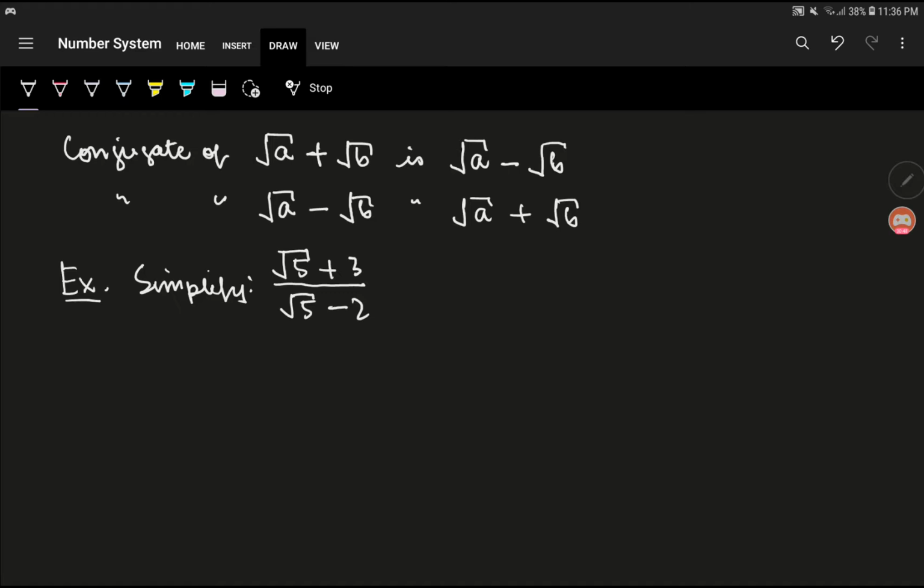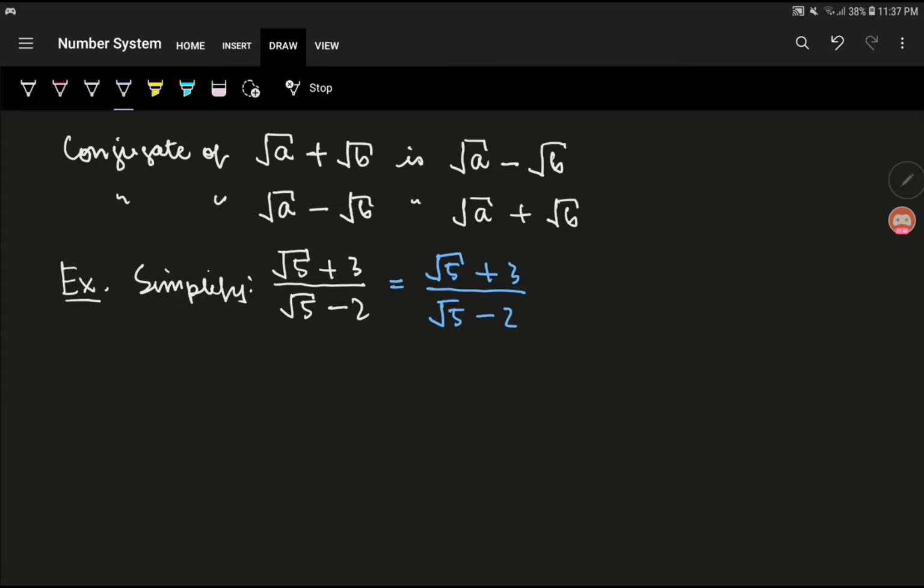Usually, I think in secondary school we already encountered conjugates, but we didn't understand what a conjugate is. Now that we understand the conjugate, when a fraction contains a surd in the denominator, which is here, we can get rid of the surd by rationalizing the denominator using the conjugate. So we have surd 5 plus 3 over surd 5 minus 2.